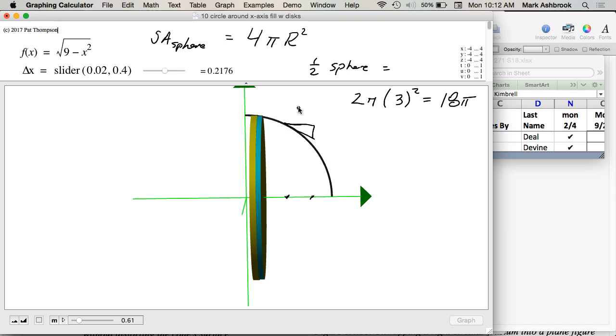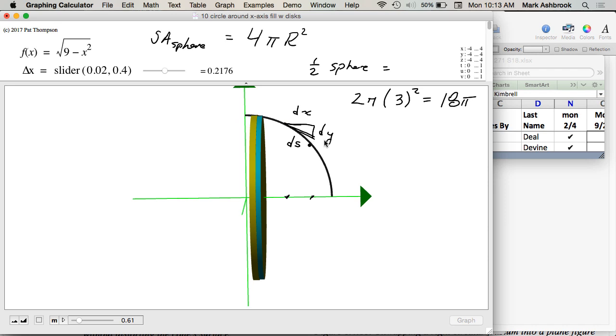Remember we had dx, and we had dy, and then we had ds. We used the dx change in the current interval to try to come up with surface area. What should we use instead? ds, right? ds is what's going to model the surface area.